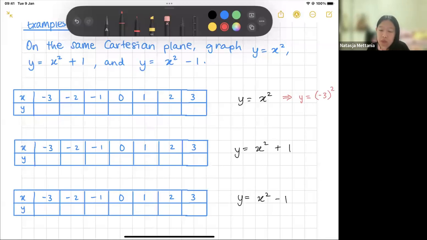This is very important, because it's all of -3 that's being squared. That should give you +9, so that's what I'm going to write. Then do the exact same thing with the brackets for your negatives. This should give me +4, +1, 0, +1, +4, +9.